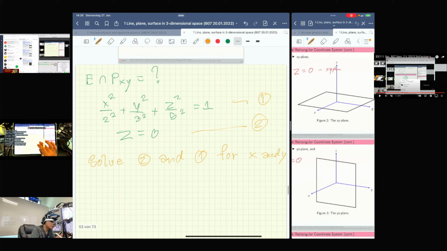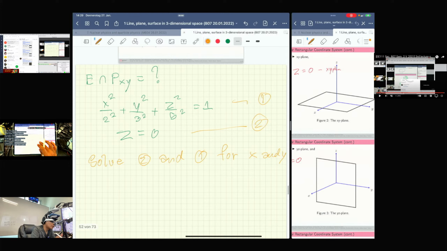You just substitute z equal to 0 into this location. We get x squared over 2 squared plus y squared over 3 squared plus 0 squared over 5 squared equal to 1. You can see that this is 0, which makes this term disappear from the whole equation.